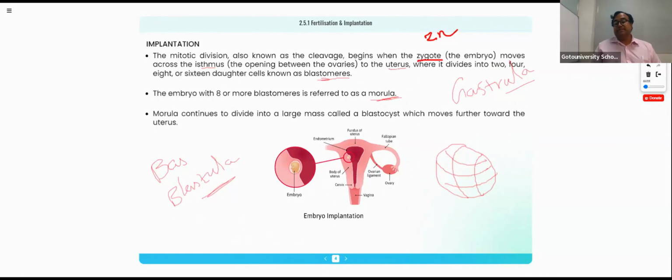If it is less than 8, blastula. Some students, because of the hurry in exam time, instead of writing blastula sometimes write bastula. No, it is blastula, not bastula, right? We already narrated how many blastomeres the blastula and gastrula have.